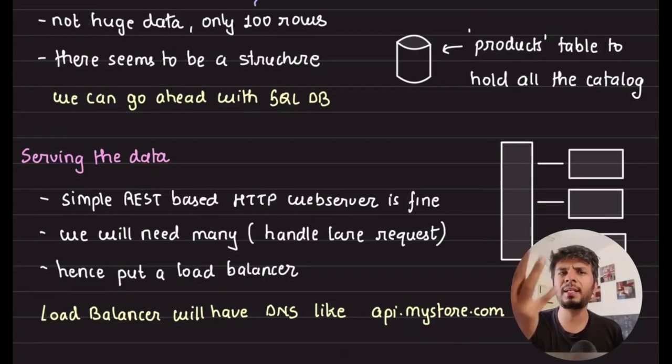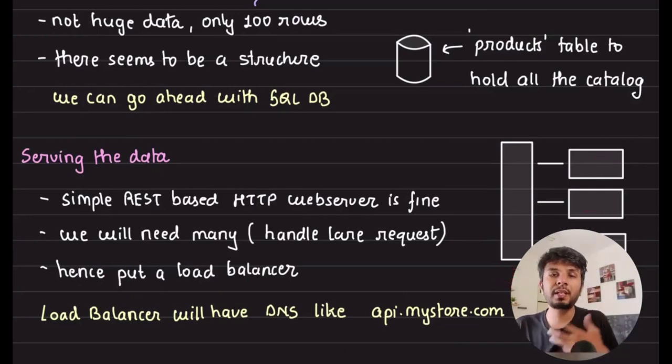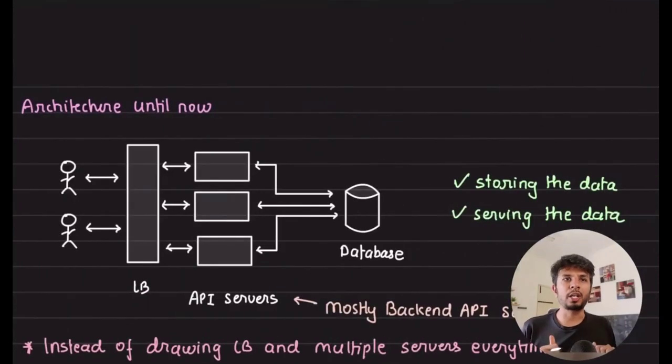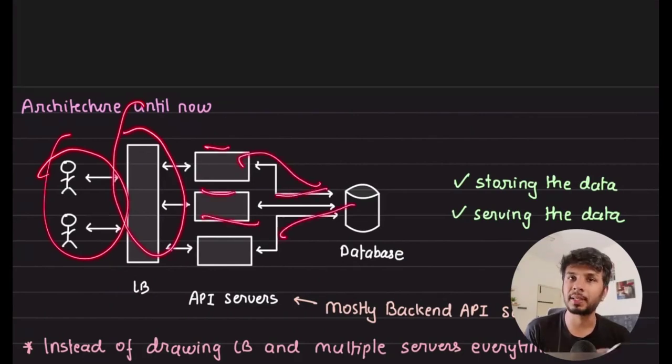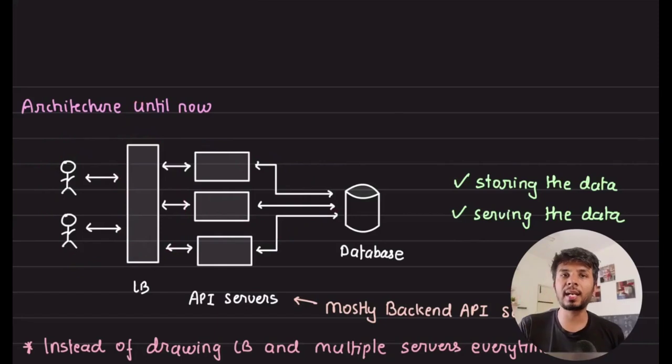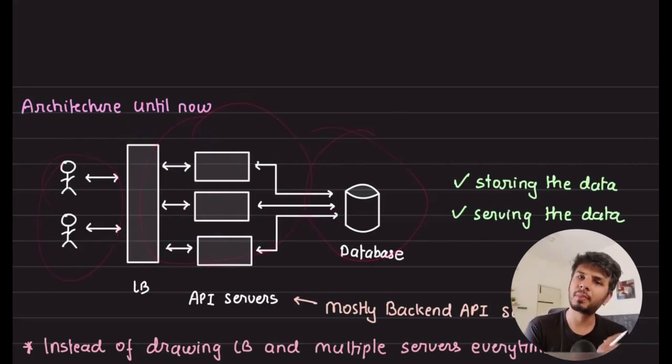It could be anything, but let me give this name, api.mystore.com, behind which there are multiple API servers serving those endpoints, right? The architecture up until now is a bunch of users talking to your load balancer, behind which there are multiple API servers talking to your database. A classic 3-tier architecture: user, compute, and storage, right?